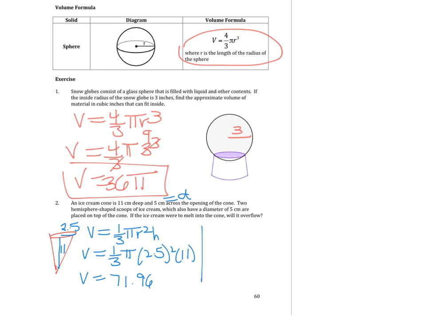71.96. And then as for the ice cream, that is sphere shaped, so that's half of a sphere. We have a volume formula, 4/3 pi r cubed.